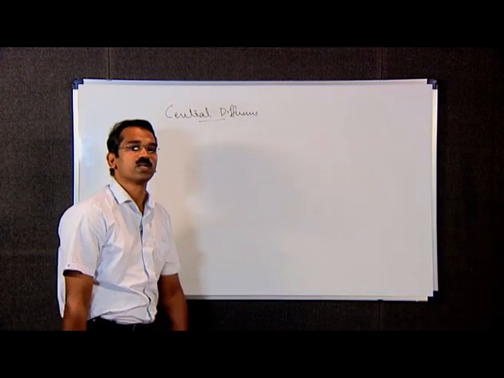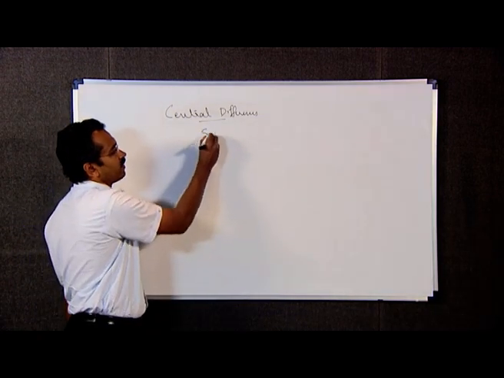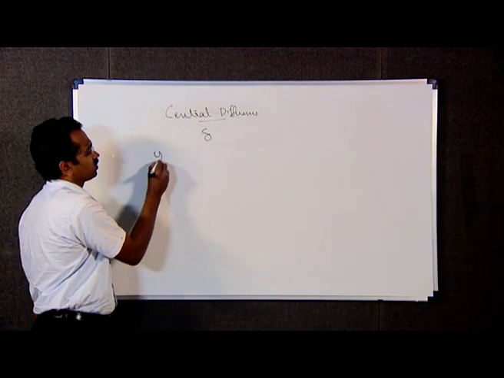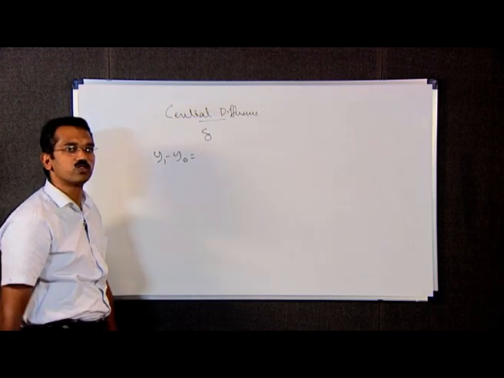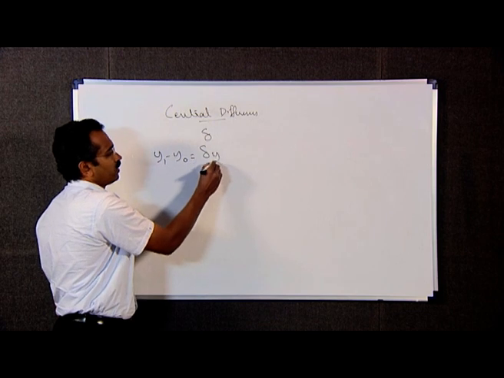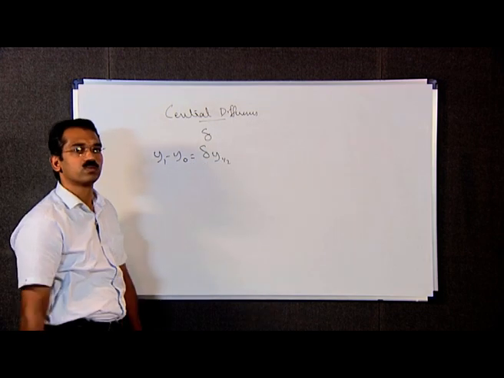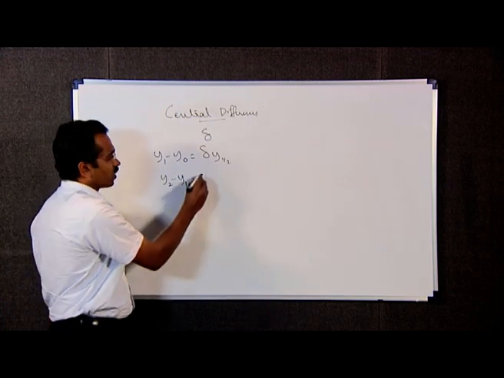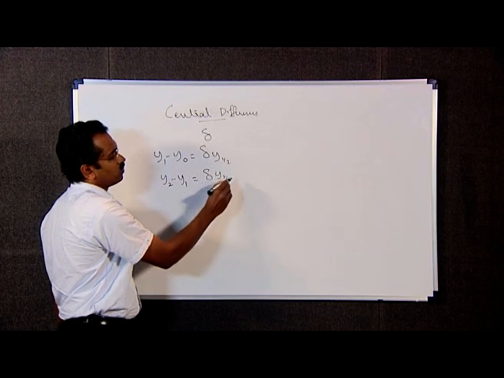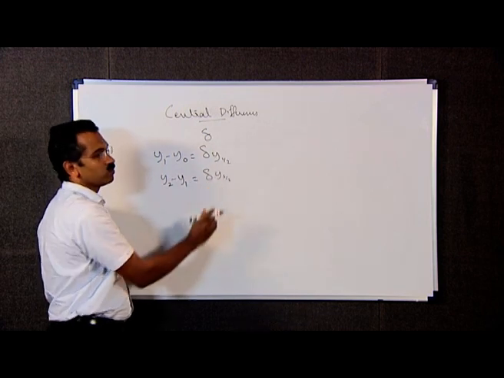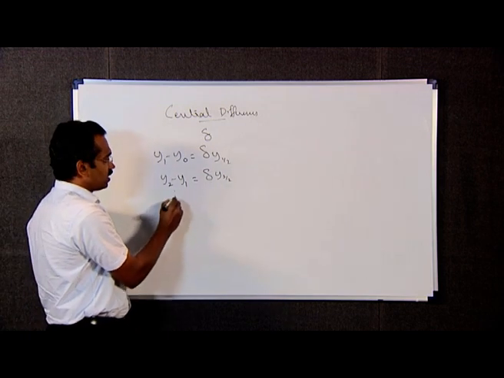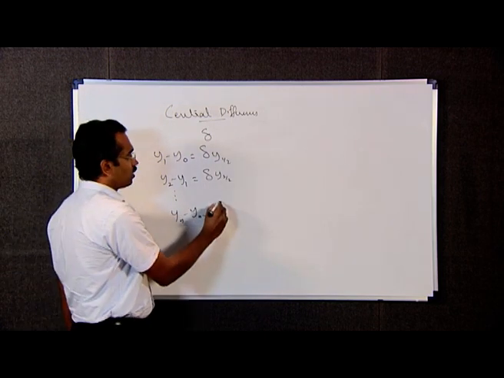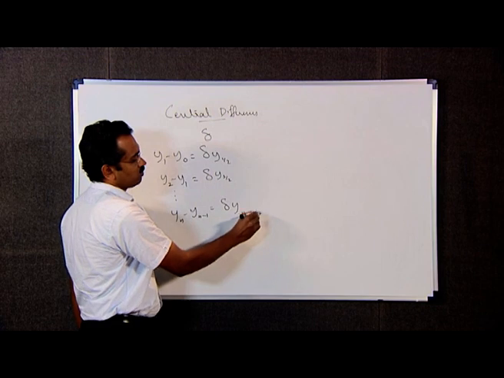The central difference operator, denoted by small delta, is defined by y1 minus y0 equal to delta y 1 by 2, y2 minus y1 equal to delta y 3 by 2, etc. In general, yn minus yn minus 1 is equal to delta y n minus 1 by 2.